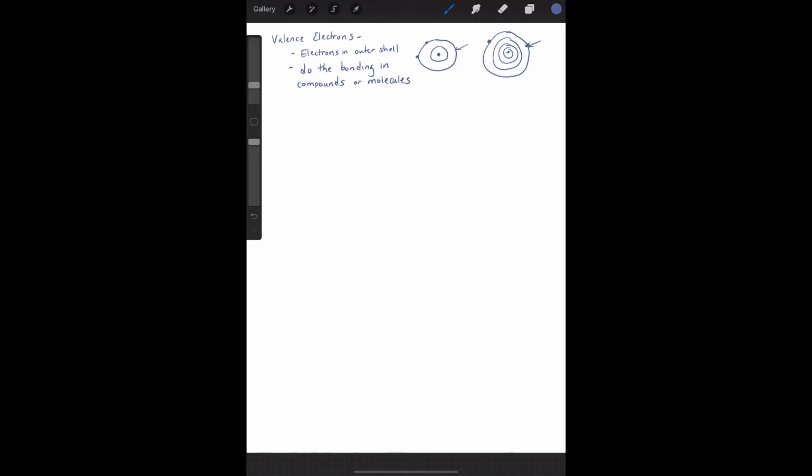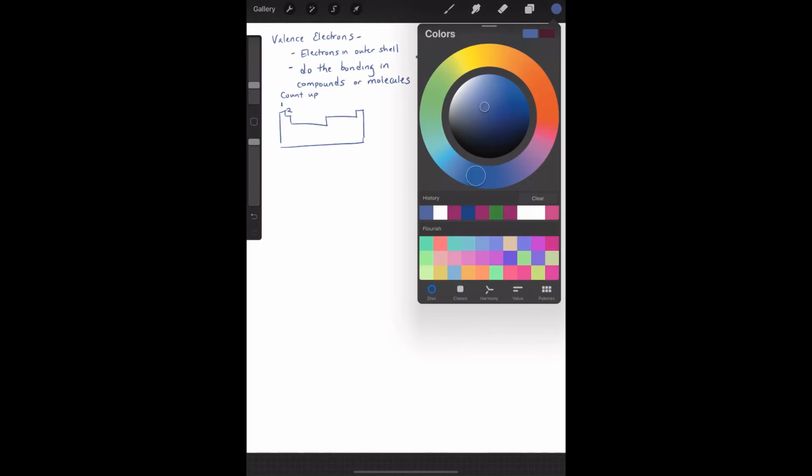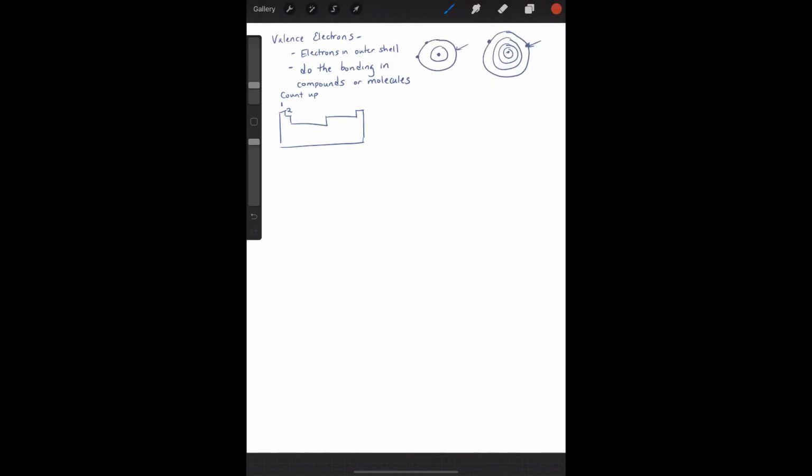Now to count up the valence electrons, while we're on it, I'm going to draw my little pretend periodic table again, and I'm going to write how we find them. We count up on the periodic table like this: 1, 2, and then I'm going to remind myself that we skip this section in here, which is called the transition metals.